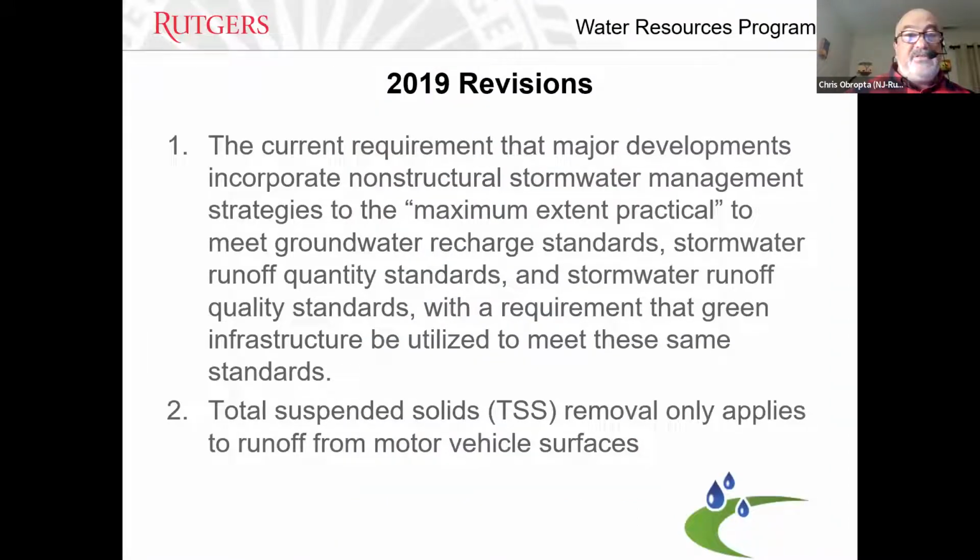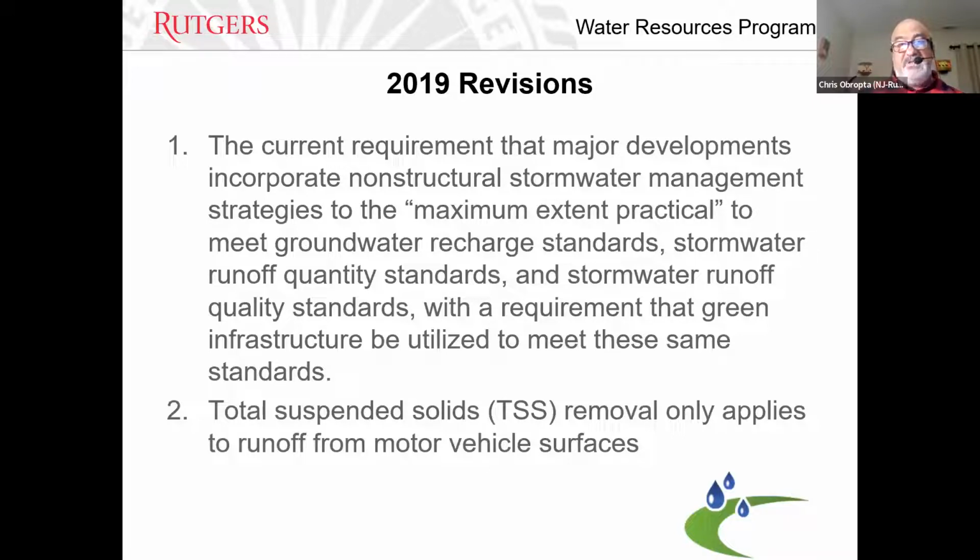Okay, so the revisions that came out in 2019, what happened was they had these non-structural stormwater management strategies, and we used to have a spreadsheet, and you would go in and enter stuff in the spreadsheet. You get enough points, and you say, okay, great, I satisfied the requirement. The problem was the spreadsheet was never adopted with the regulations. So somebody took them to court, they threw the spreadsheet out, so you could no longer use it.